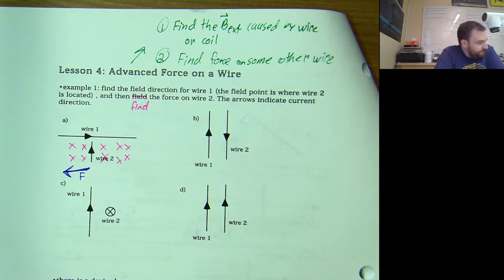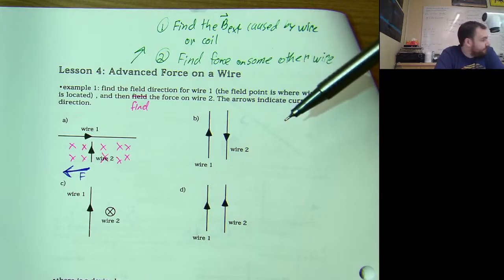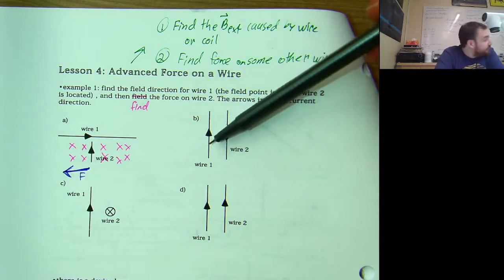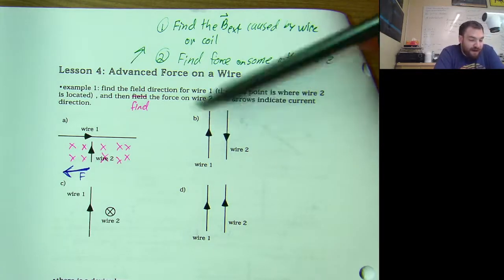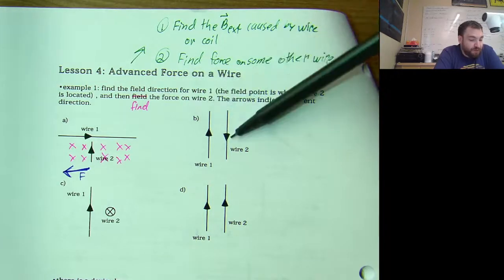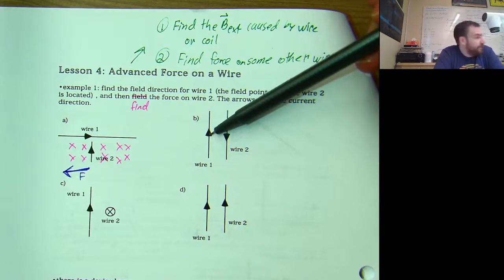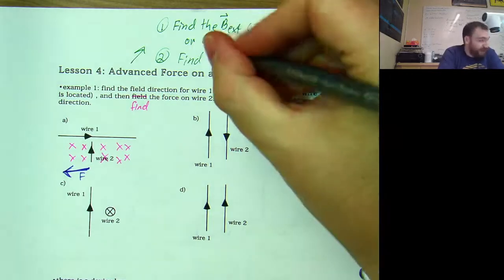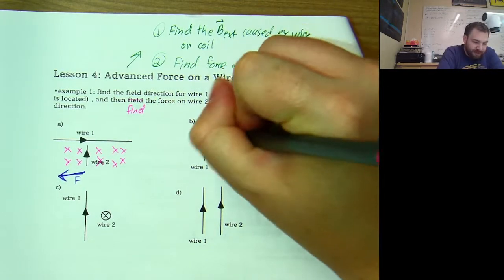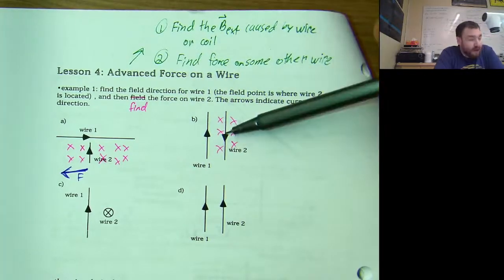B. What's going on in B? Parallel, so they're going in the opposite directions. Ultimately what we want to do is find the force on wire 2. So to do that, I need the magnetic field from 1. What's the magnetic field direction from wire 1, where wire 2 is? It's going into the page, using right-handed rule 1. So it's going into the page, and my current is going down the page.